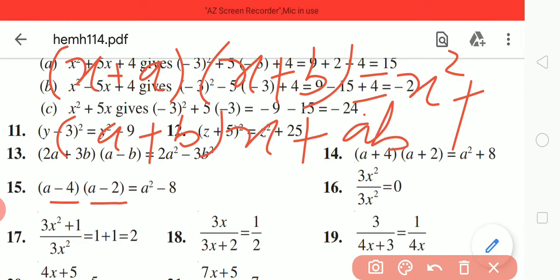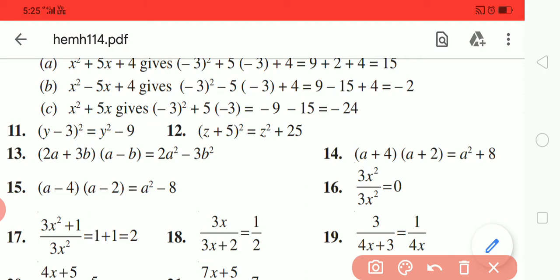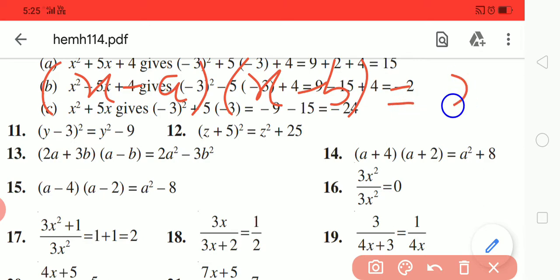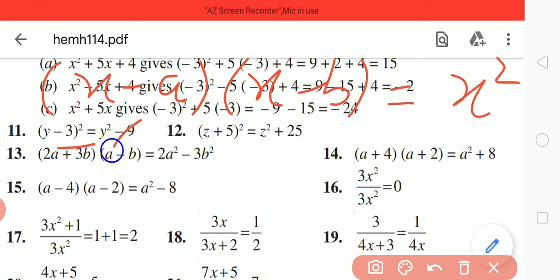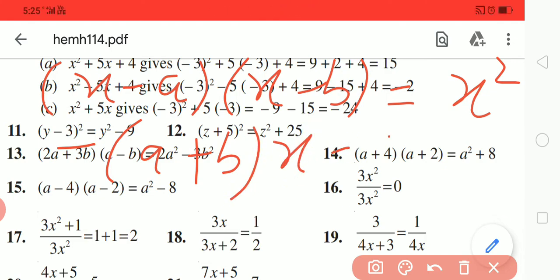In this we will replace positive by negative, so ultimately it will become (x minus a) into (x minus b). This is equal to x square minus (a plus b) into x, sorry, plus ab, because minus a multiplied by minus b becomes positive ab.